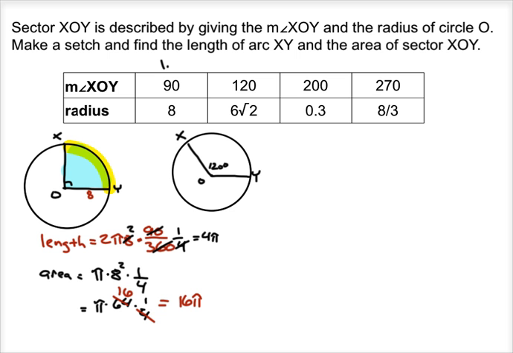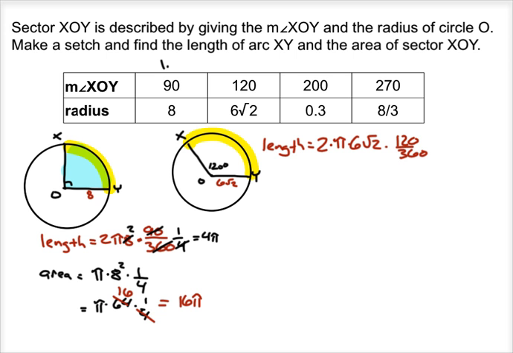I know my radius is 6 square roots of 2. To find my arc length, it's the circumference, 2 times pi times my radius, and I'm going to multiply this by how much of the circle I actually have. Well, I have 120 degrees out of 360 degrees.